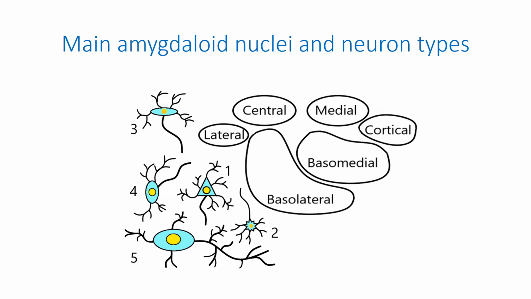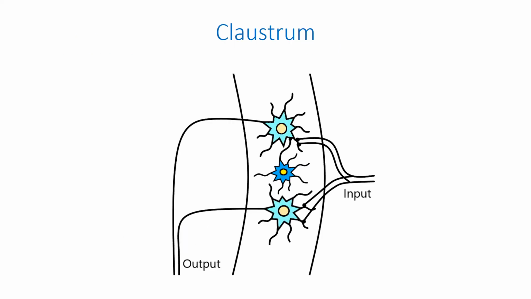The amygdaloid complex plays a primary role in the processing of memory, decision-making, and emotional responses, including fear, anxiety, and aggression, and it is considered a part of the limbic system. The claustrum is a thin sheet of neurons lying between the insular cortex and the striatum.